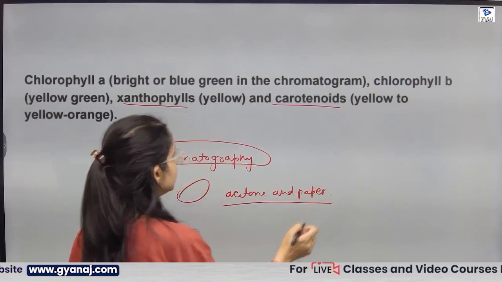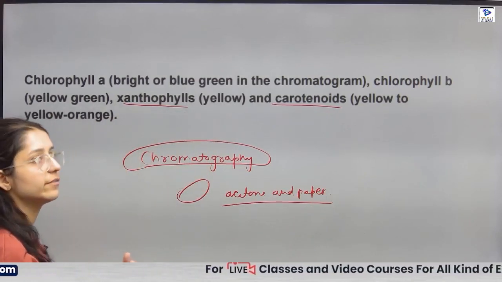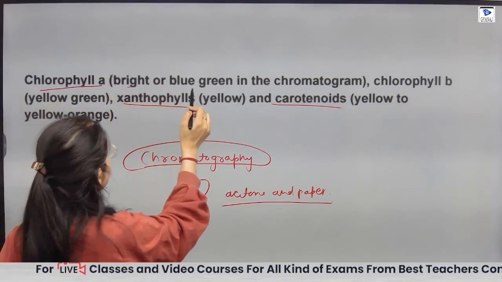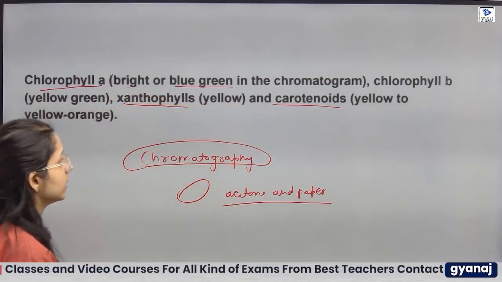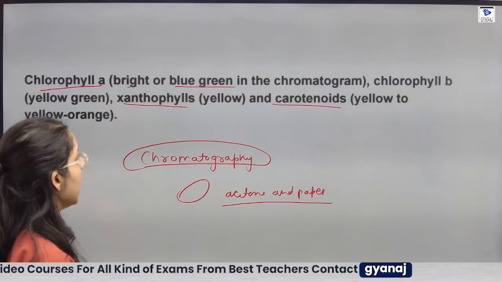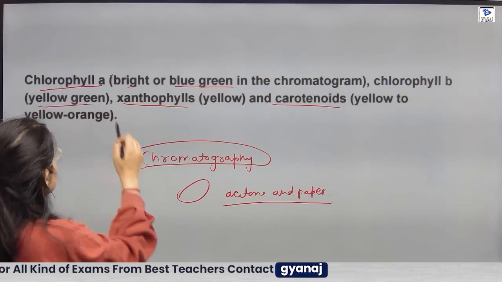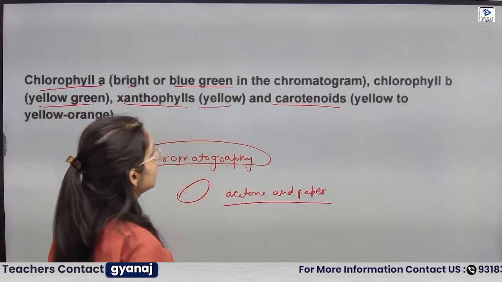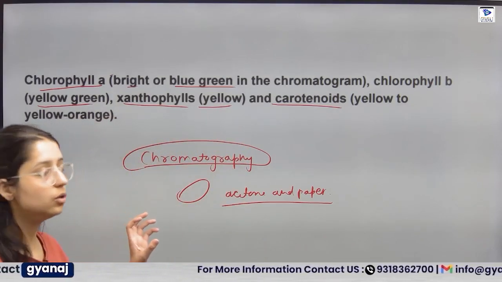When we do the chromatography, we observe the different pigments. Chlorophyll A gives a bright blue-green color, chlorophyll B gives a yellow-green color, xanthophyll gives a yellow color, and carotenoids give a yellow to yellow-orange color.